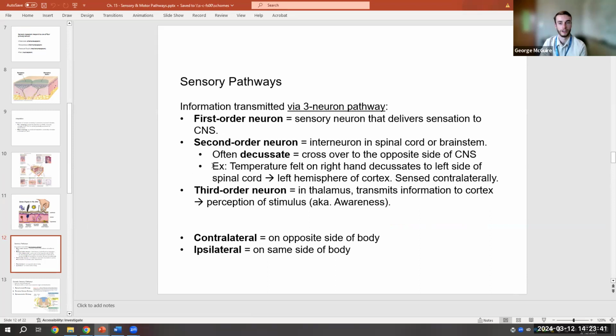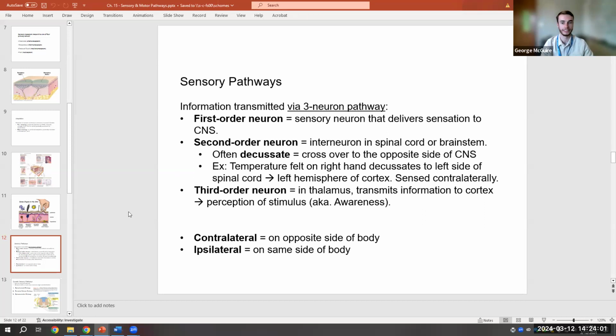So a majority of these pathways, a majority of our sensation, is traveling with this format. Sensory neuron sending a signal to an interneuron, which will send that signal to the thalamus, and then the thalamus sends that to the area of the cortex that it will respond to.